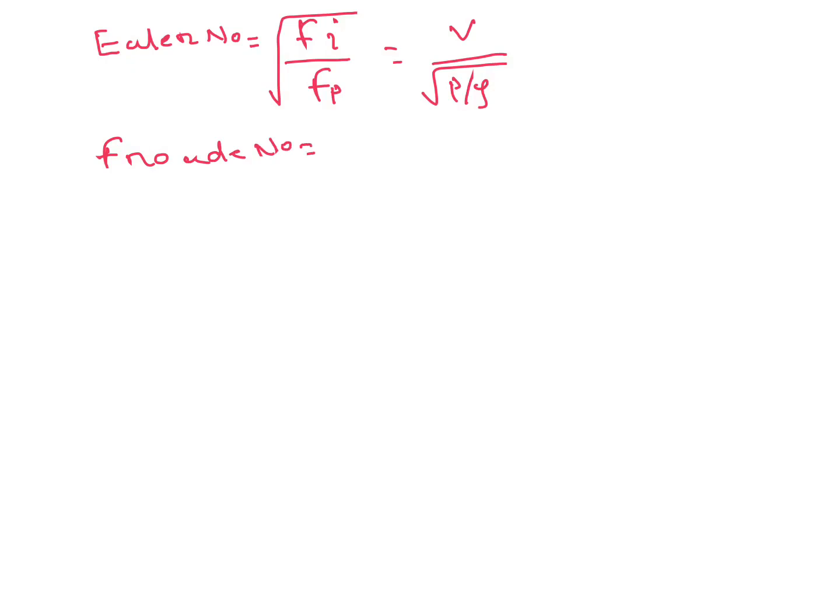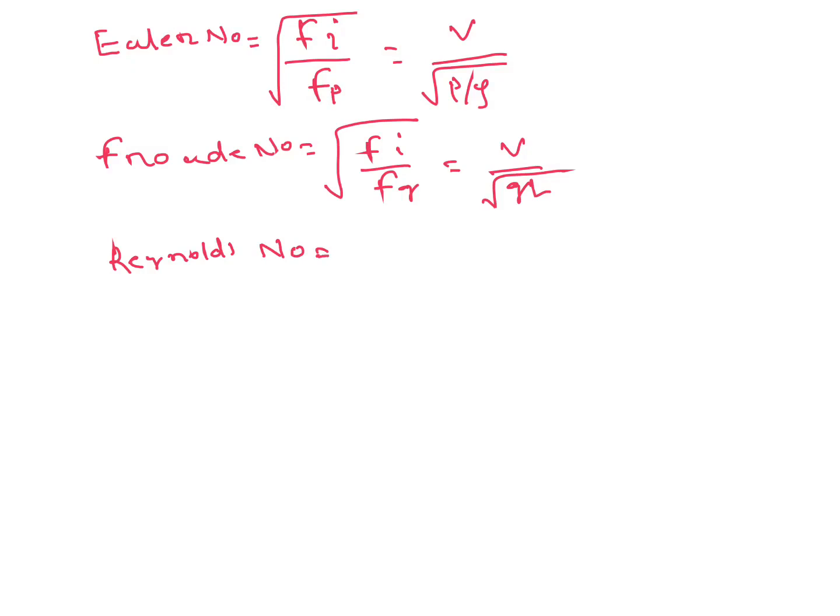Froude number is inertia force by gravity force, V by root over GL. Then Reynolds number. Reynolds number is inertia force by viscous force, rho VL by mu, or VL by kinematic viscosity.